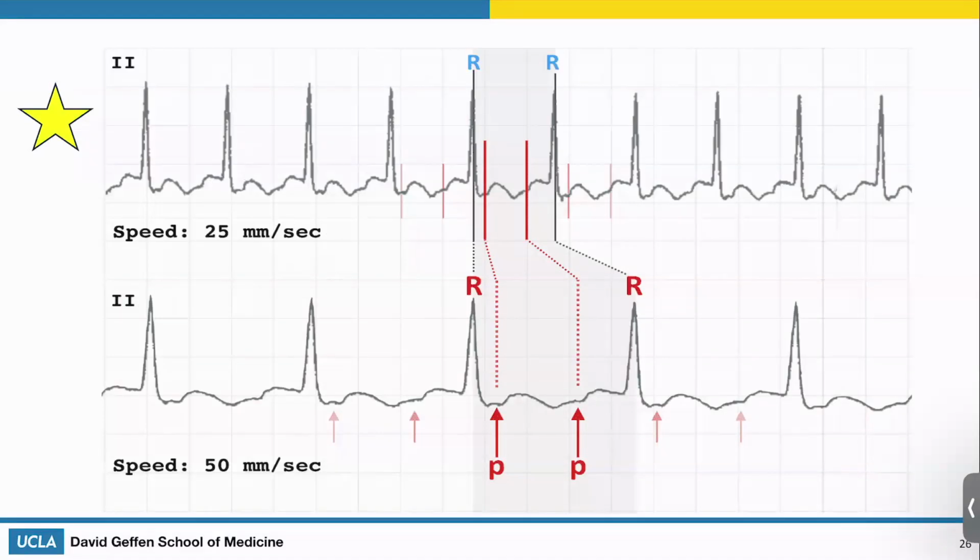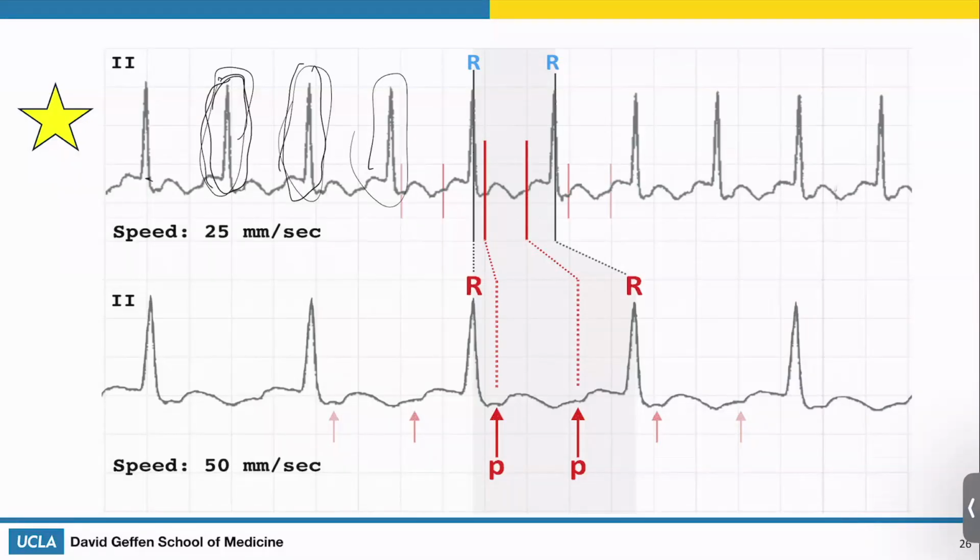Something to pay attention to here is the different paper speeds. As you can see, each complex is representing electrical conduction. Now, I don't have a patient in front of me, so I don't know if this electrical conduction is actually creating a pulse, but assuming it is, this is representing my patient's pulse.